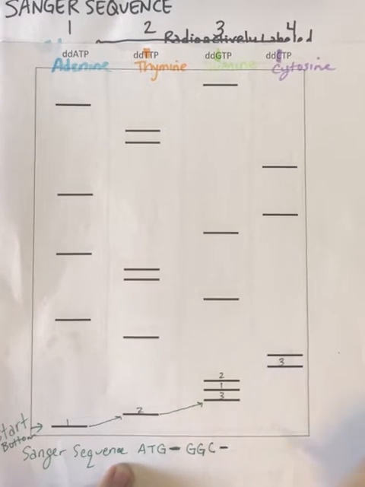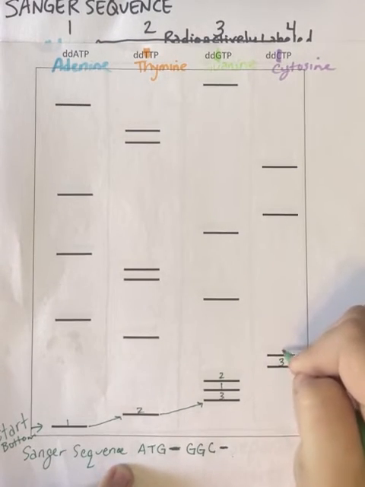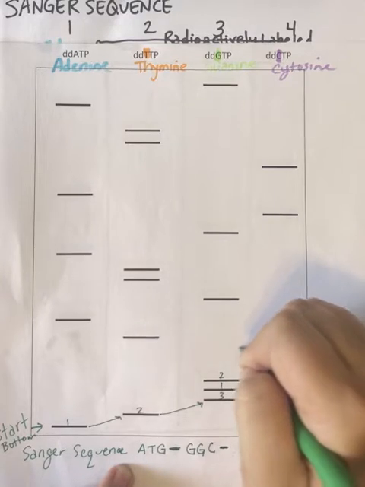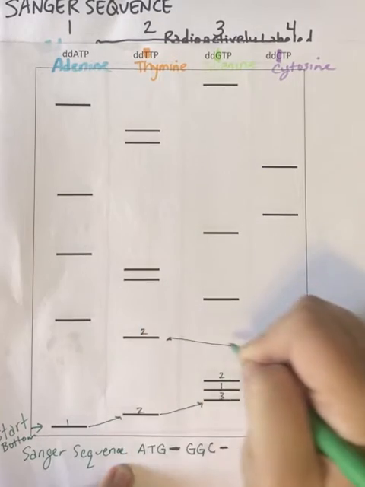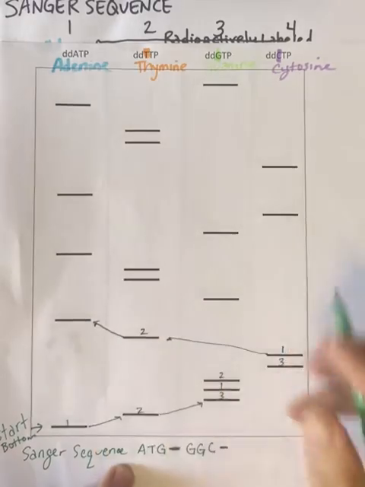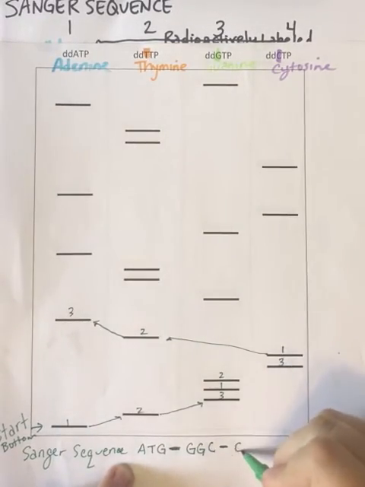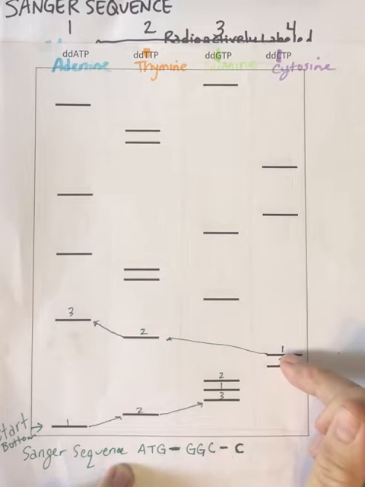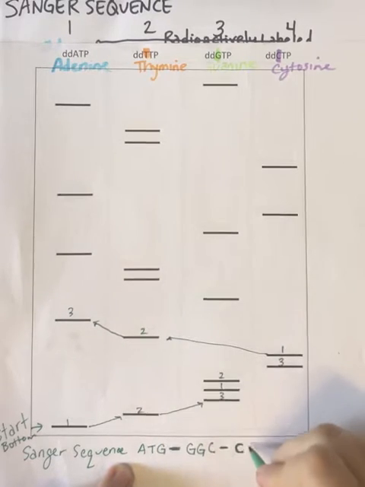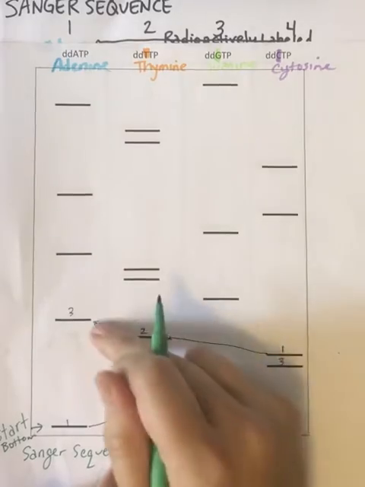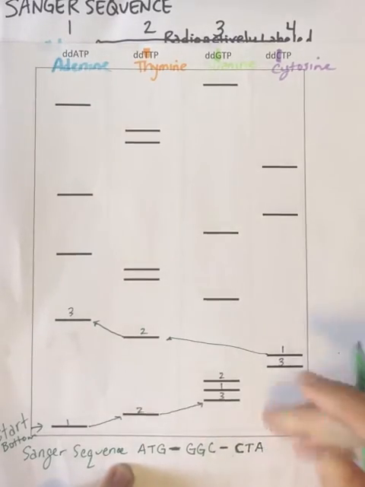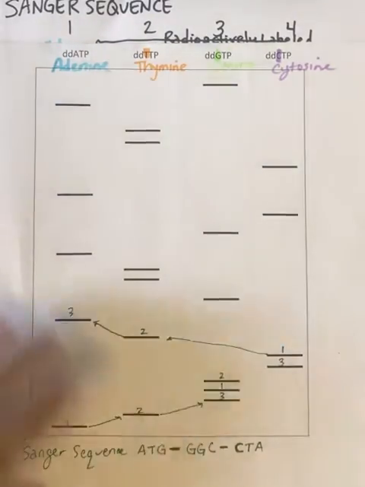You draw another line for your codon sequence. So 1, then it comes over here, 2, the next lowest one, and 3. So you just follow it up and you say the next Sanger sequence is cytosine. Then you say thymine. The next one is adenine. Now you continue to do this all the way until the top.